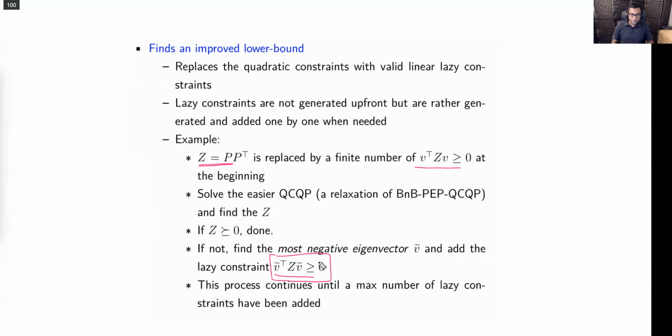Now, because the cost of adding these lazy constraints is very small, this ends up being a much faster process compared to if we had the entire Z equal to P P transpose constraint. So we compute that improved lower bound, and often it is already very close to the upper bound. Thus, when we start our spatial branch and bound with that improved lower bound, our search space is already very small, and the algorithm converges much faster compared to the case where we did not provide an improved lower bound.